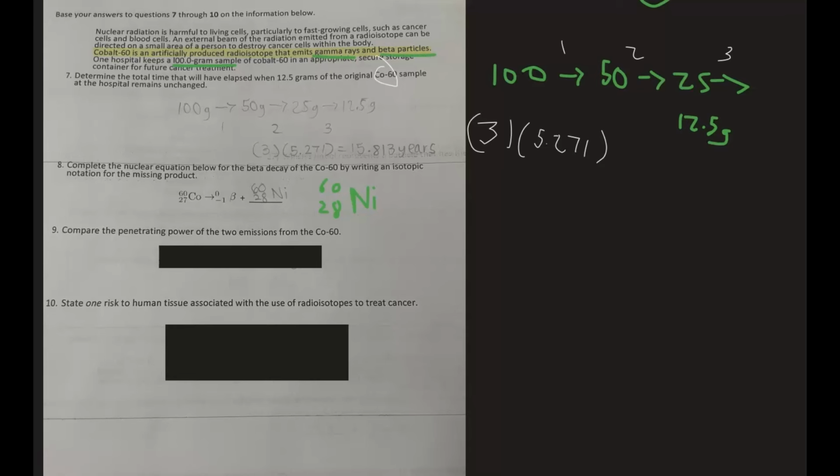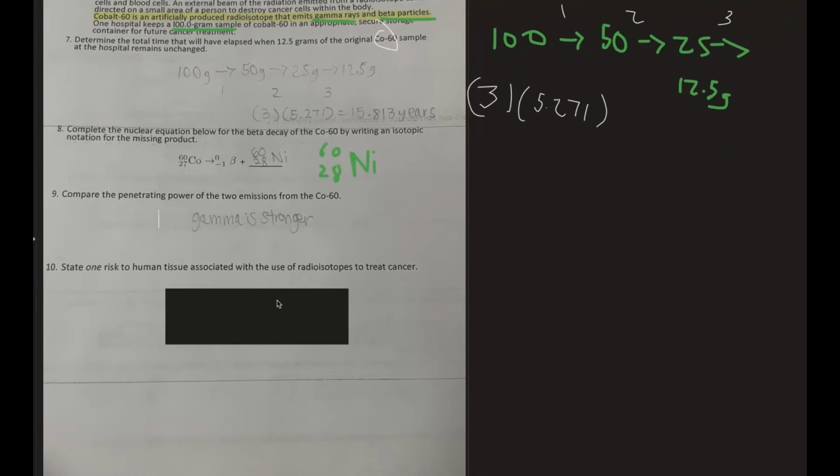So gamma rays have no charge, right? So when you put it through a magnetic field, it's just going to go past. Whereas beta particles are negatively charged, and so they will actually get deflected. And so here, gamma rays have a much stronger penetrating power. So yeah, there we go.